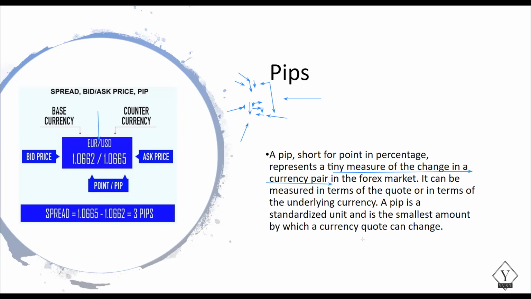For example, Euro USD, let's say it moved 100 pips today, right? And then the opening price was 1.60006. But then when the market closed, the price was at 1.00067, right?